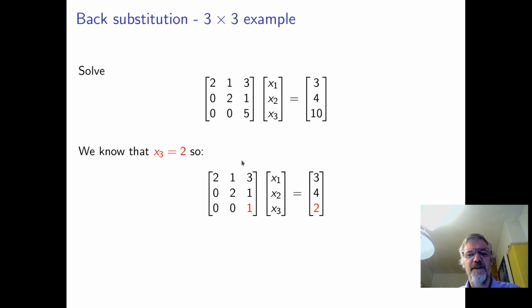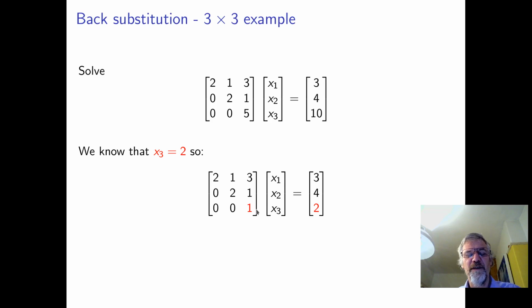Then, well, we know x3 is 2. I suppose in a way we've just divided the bottom row by 5 to get that.